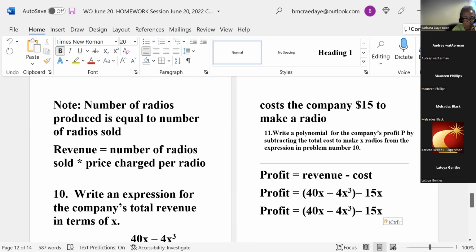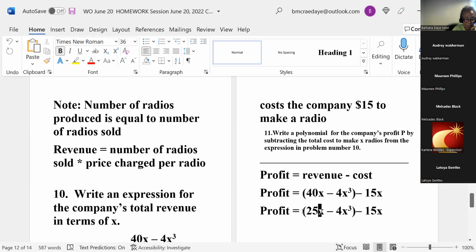That gives you what, Audrey? 40x minus 15x. Subtract the 15x from the 40x. What do you get? 25x. That's it. Very good.